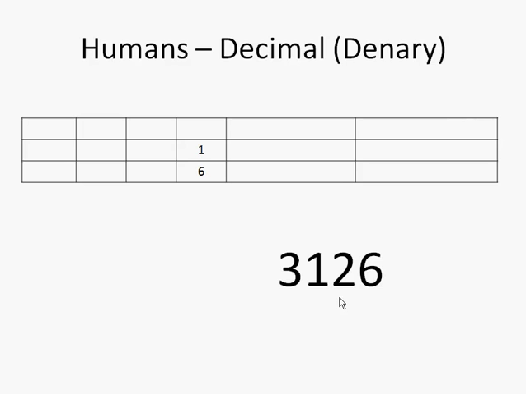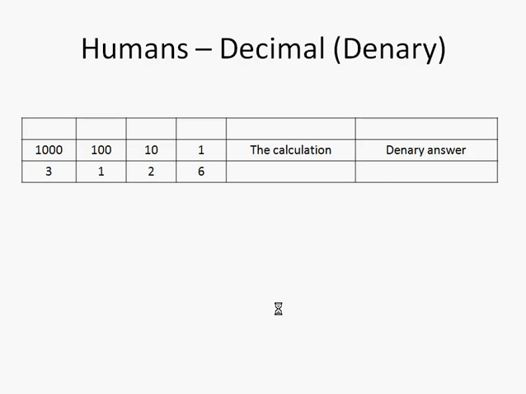The 2 part means 2 lots of 10. The 1 part means 1 lot of 100. And the 3 part means 3 lots of 1000. We get the answer by doing 3000 plus 100 plus 20 plus 6 equals 3126. This sort of thing will be nothing new to you.